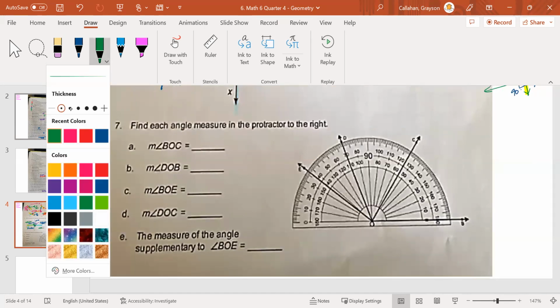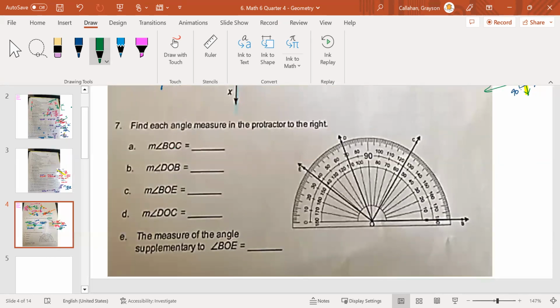So let's take a look at this. Angle BOC. So here is BOC. If you look at the protractor right here, you see how you start from 0 and it goes this way and it goes up.